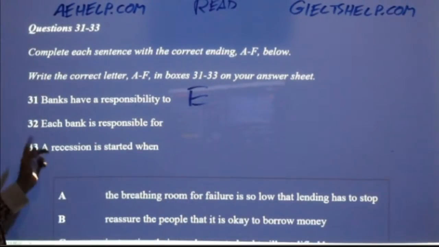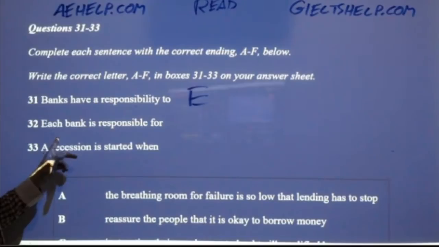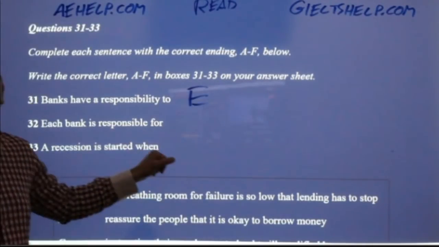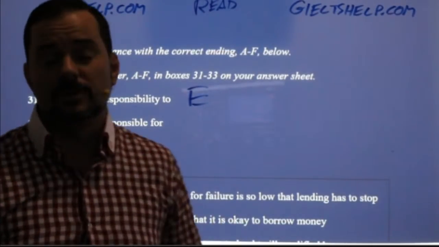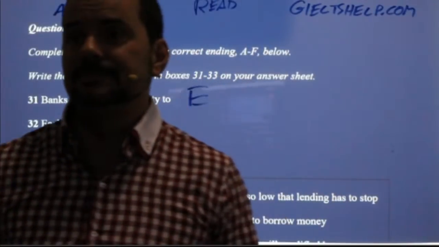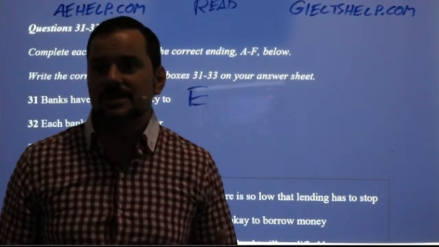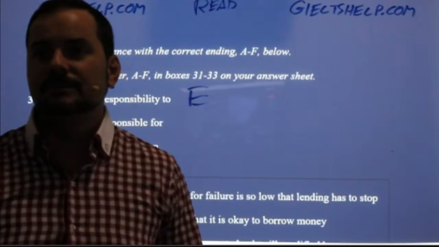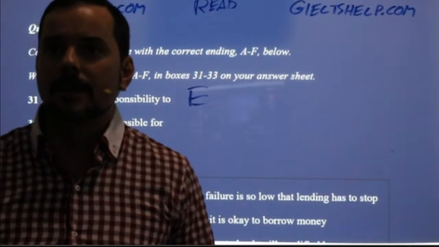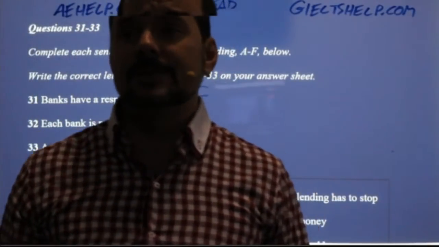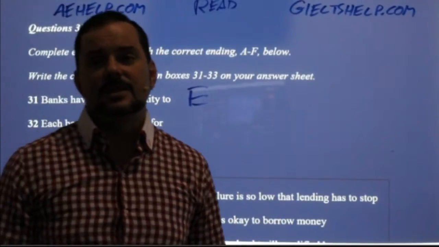Let's go to the next one, 32. Each bank is responsible for. What is each bank responsible for? They're responsible for their customers. Make sure this for the safety of the money, sure. Okay. Note, we definitely read the passage. That was key to getting these answers. Okay.